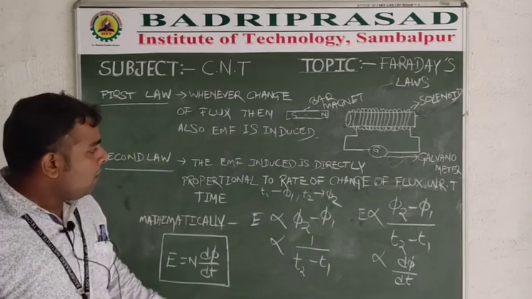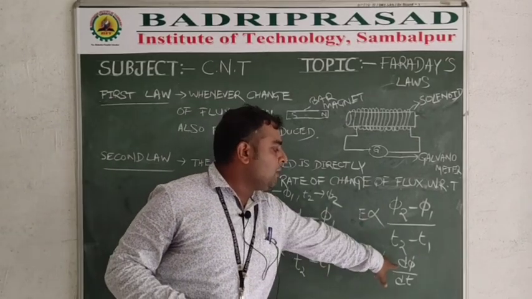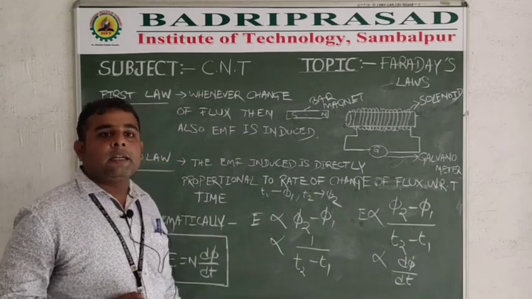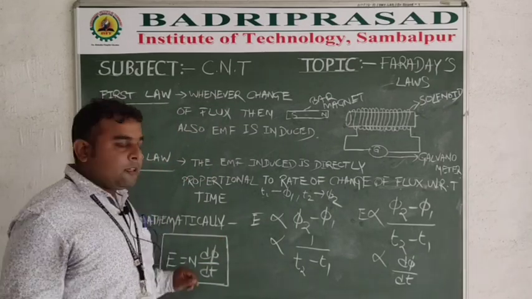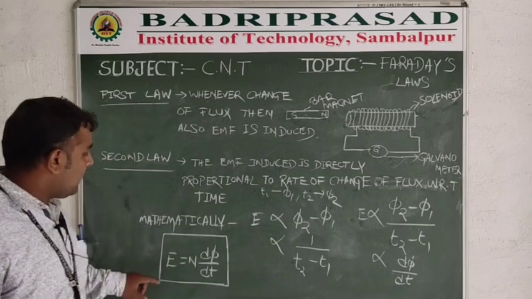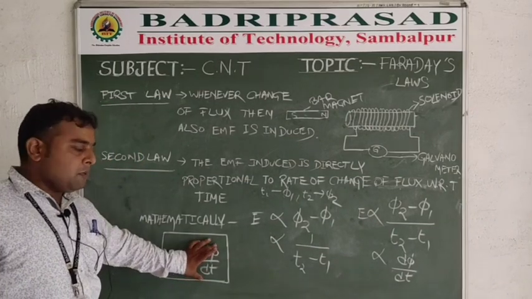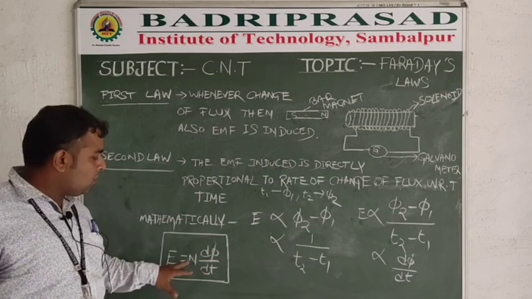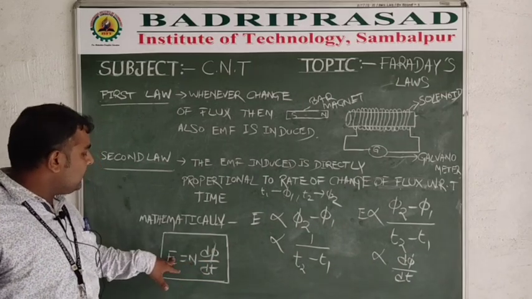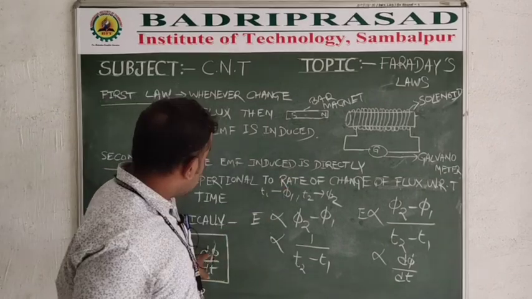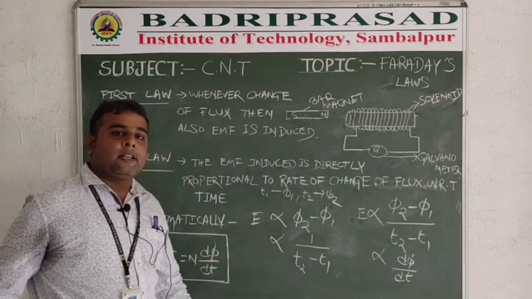So E is proportional to d phi by dt. A proportionality becomes an equality when a proportionality constant is multiplied, so the expression becomes E equals n d phi by dt, where n is the proportionality constant.